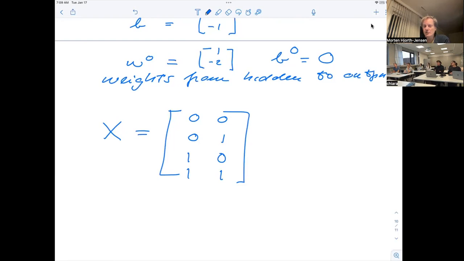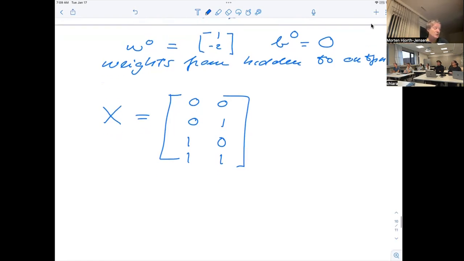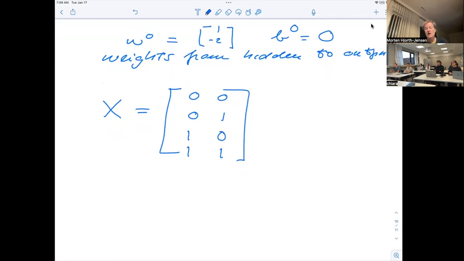Now, the alternative to providing a design matrix with a given polynomial degree is to just feed in the data as they are. If you think of project number 1 and this specific Franke function, which is just this kind of vanilla function we cooked up, then you would just feed in the X and the Y values, and you would let the neural network find the best function approximation to your data.